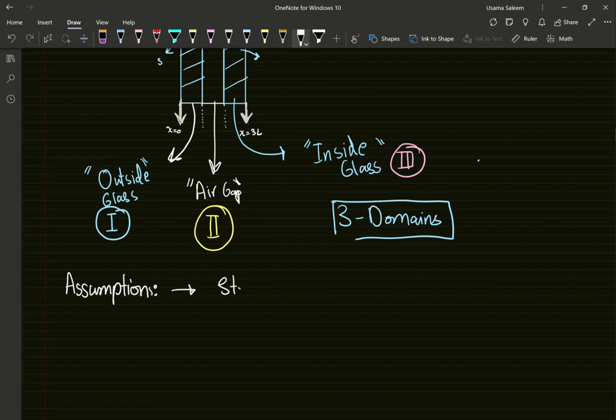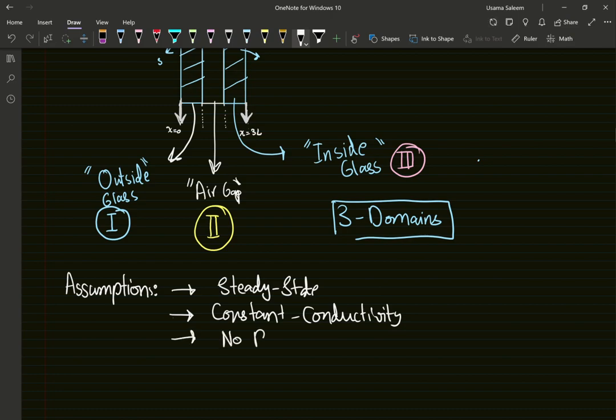Steady state, of course. That's going to make our life so much easier. Constant conductivity, that's a good one. That's going to make life easier. What else? We said no bulk motion. What does no bulk motion mean for our heat transfer problem? It means we only have conduction.